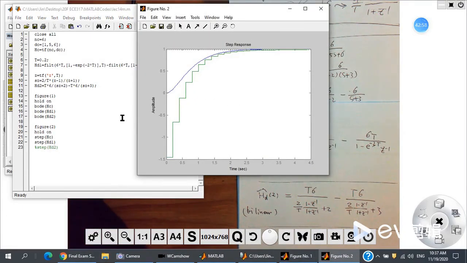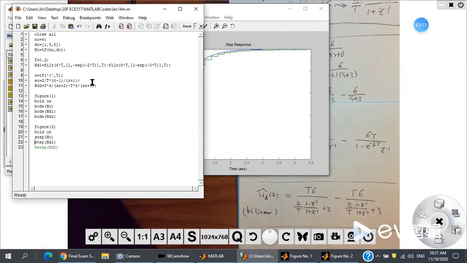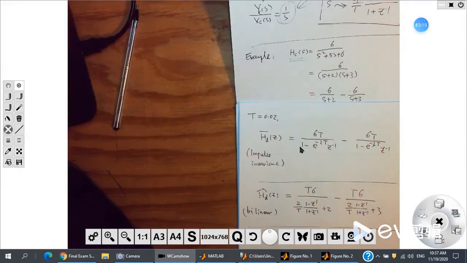In the beginning, it's wrong from a negative value, but finally they tend to the same value, right? And this is not bilinear. Green one is HD1. HD1 is impulse invariance, right?